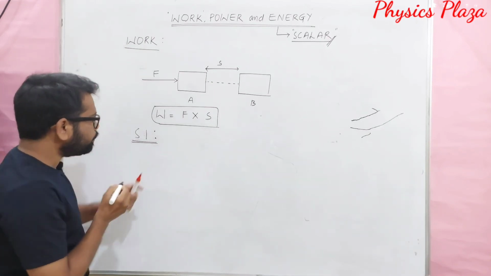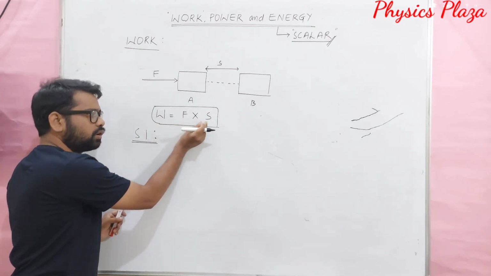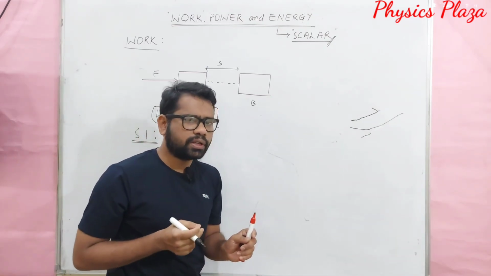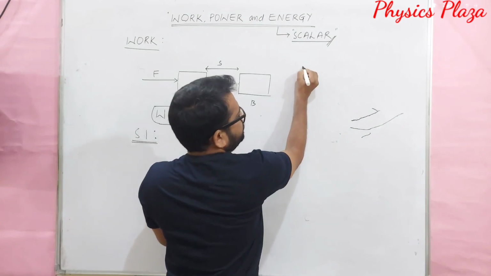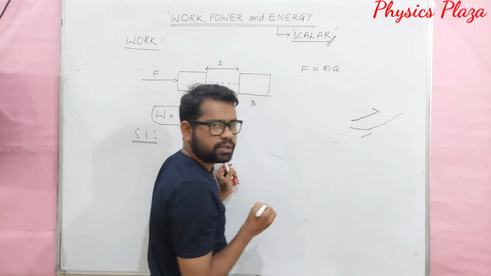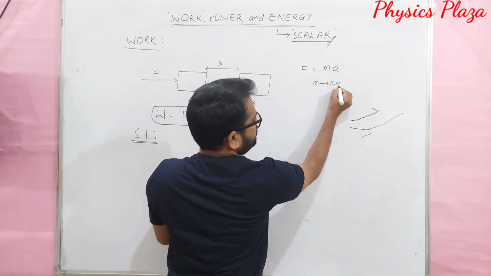Children, before writing the units of work, we must know what the units of force are and what the units of displacement are. What is the SI unit of force actually? According to Newton's second law of motion, we have F equal to ma, right? Here mass is measured in kg.